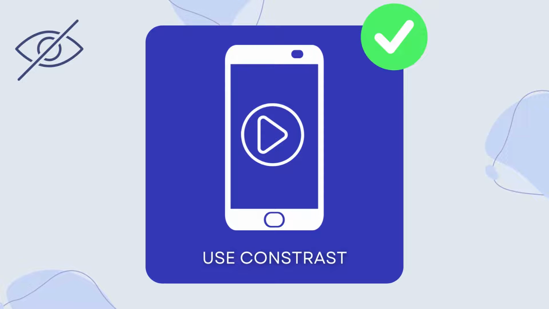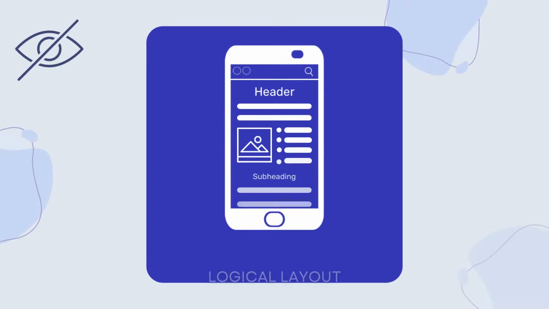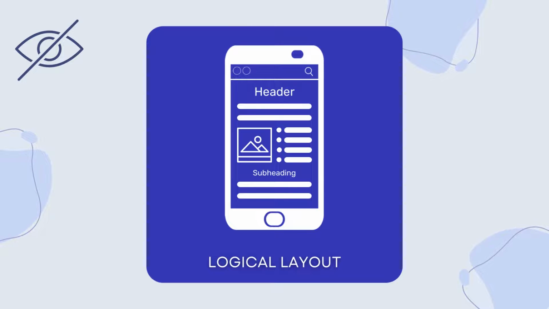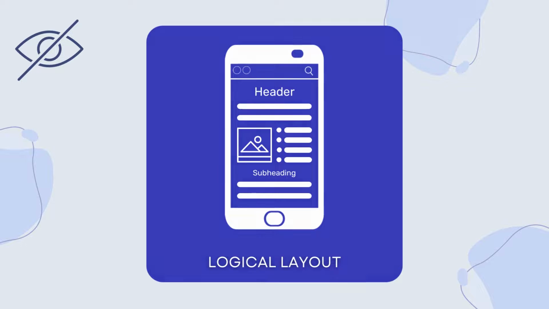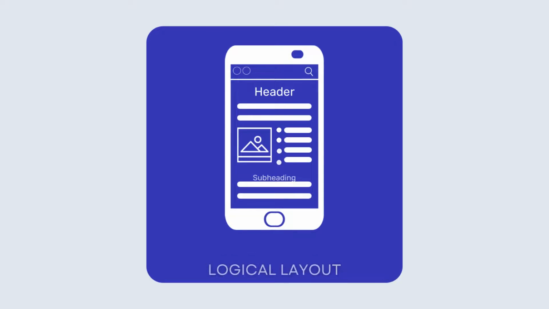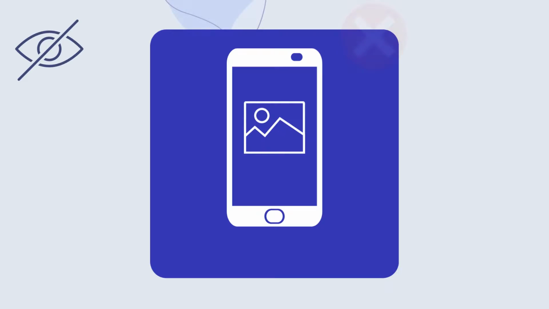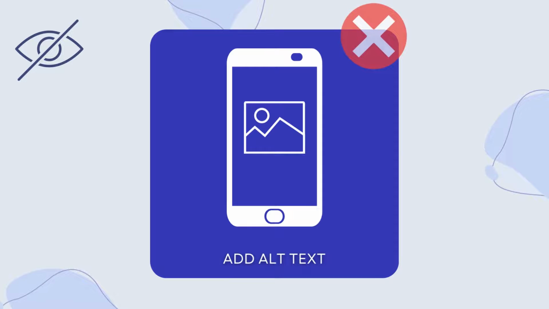Therefore, use a web accessibility checker, which can help in design and help you identify to support contrast requirements. Next, follow a logical layout. Follow a linear logical layout for screen readers, such as use of headers, subheaders, and paragraph text.